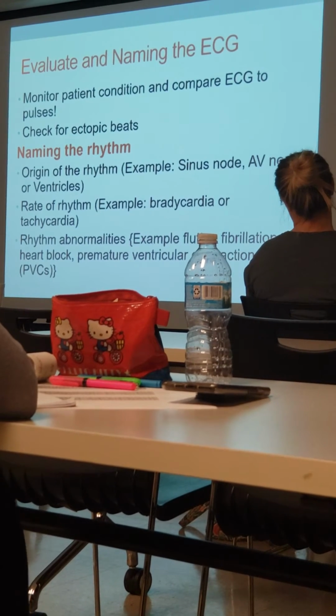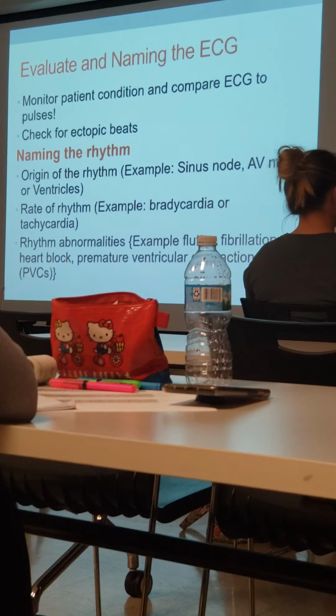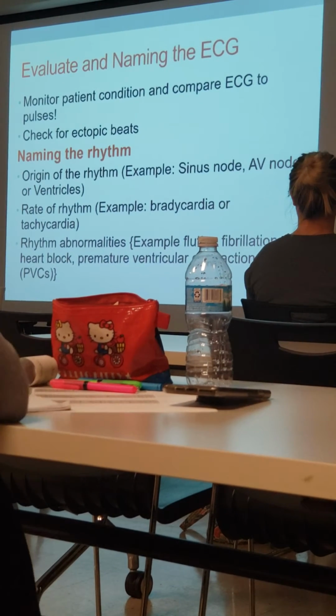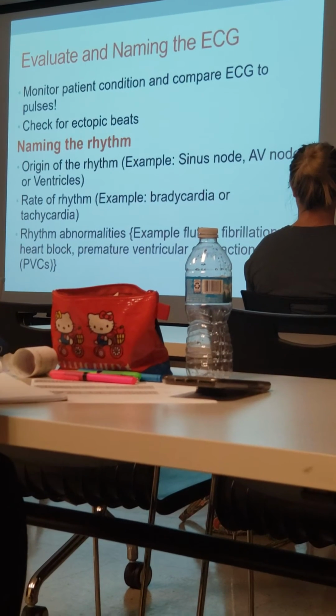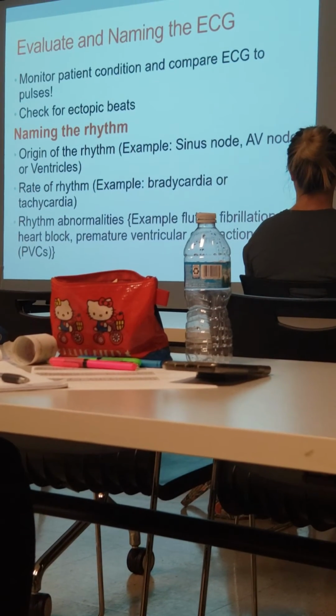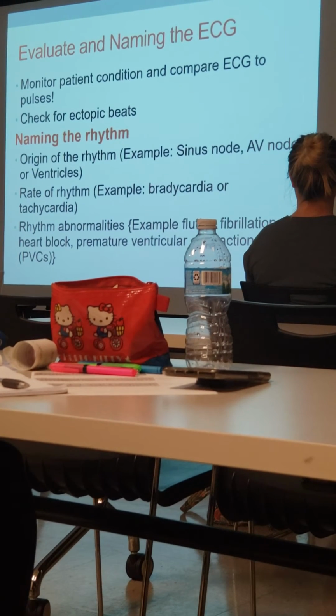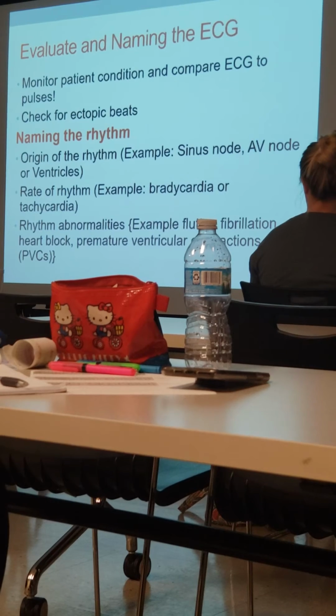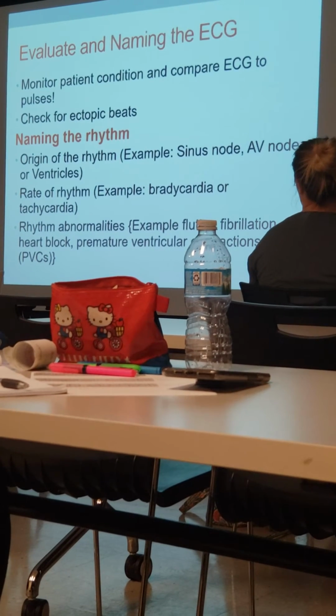The other thing to think about when I'm looking at that strip is, are there any ectopic beats coming early? So that goes into, is it regular or irregular or regularly irregular? If there are ectopic beats, we have to figure out what they are and where they're coming from. If I'm going to name a rhythm, the rhythm is named from its origin, where it's beating from.